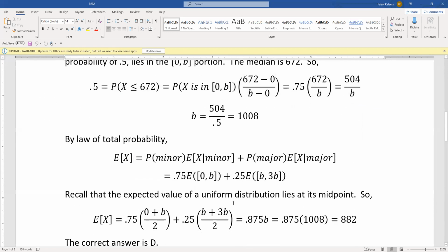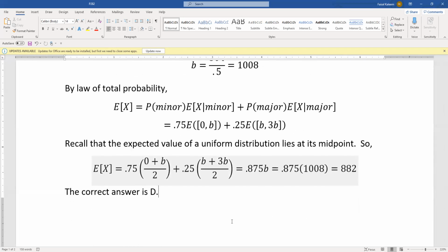For a uniform distribution, the expected value lies at the midpoint of the interval. So the expected value on 0 to B is 0 plus B over 2, and on B to 3B it is B plus 3B over 2. When we do all the simplification, we get 0.875B, and B is 1008, so that comes out to 882, which is choice D.